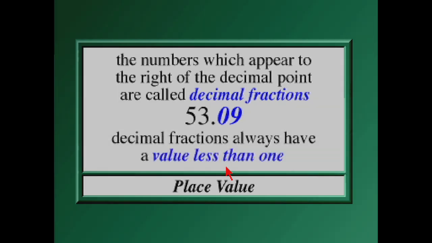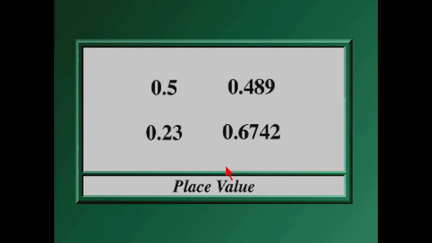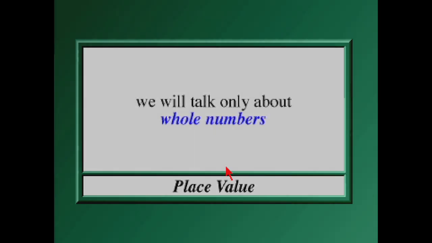They always have a value of less than 1. For example, 0.5, 0.23, 0.489, and 0.6742 are all decimal fractions. For the time being, we will only talk about whole numbers, the integers which appear to the left of the decimal point.